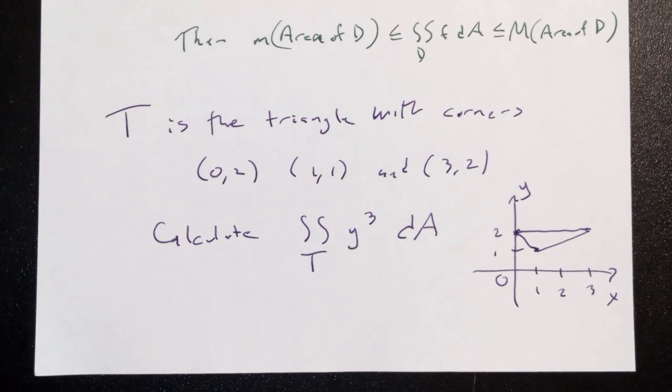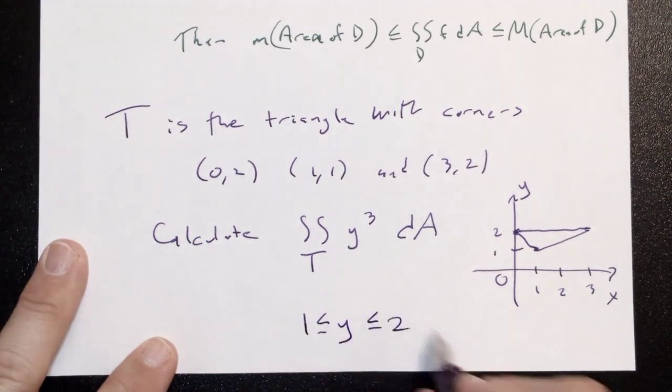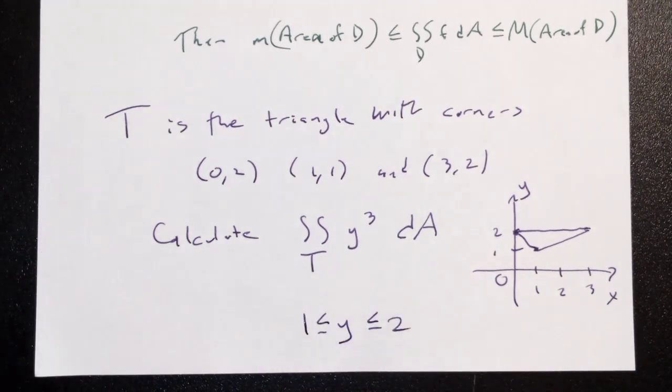There's a straight line boundary on the top, isn't there? And there's a straight line boundary on the bottom. Well, technically it's only a point, right? So the top and the bottom can be bounded by numbers. And if the top and the bottom can be bounded by numbers, 1 less than or equal to y less than or equal to 2, then if I can figure out what the equation for the left line is, what the equation for the right line is, and write those lines x equals, I'll have a left side and a right side.